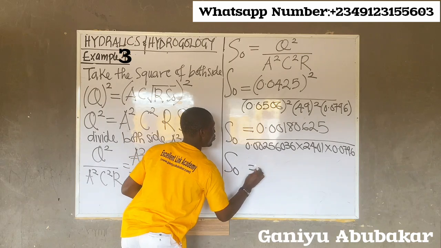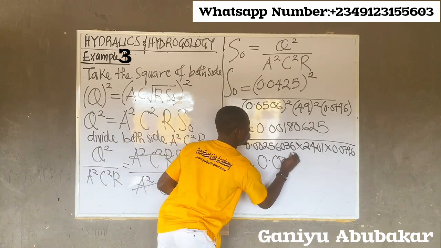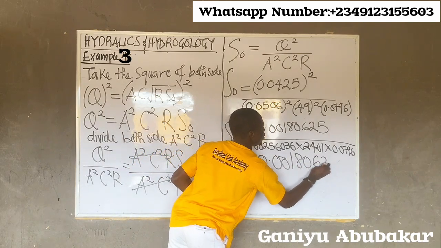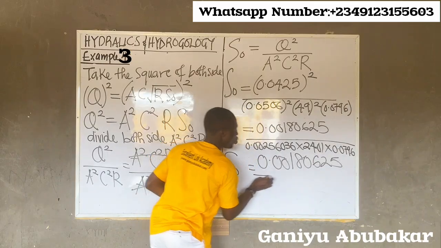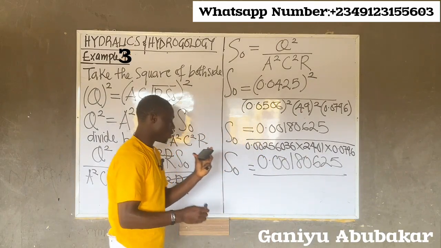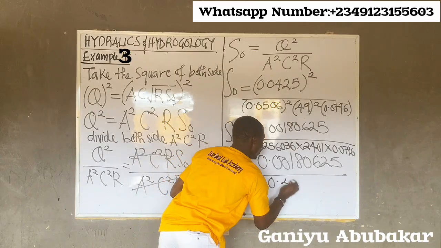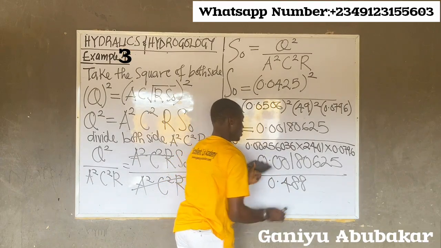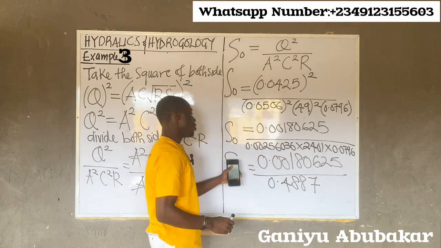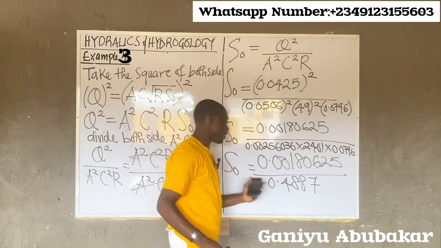Now repeat down your numerator. S naught will be equal to 0.00180625 all over the product of the denominator. Multiply everything, you will have about 0.4887. Please confirm this answer.